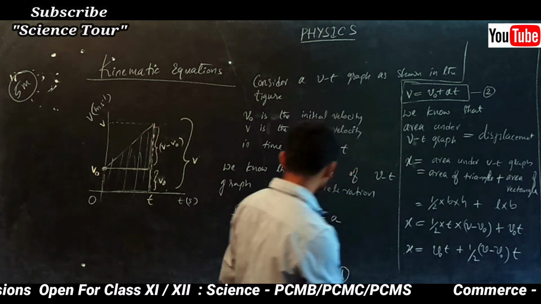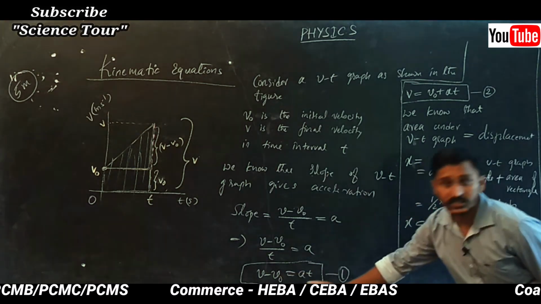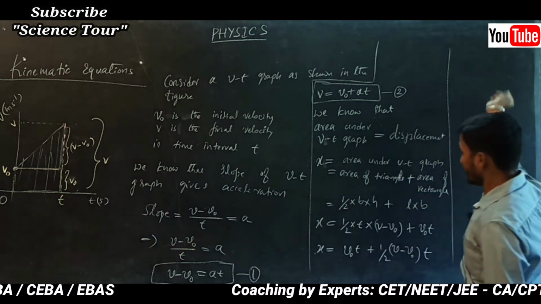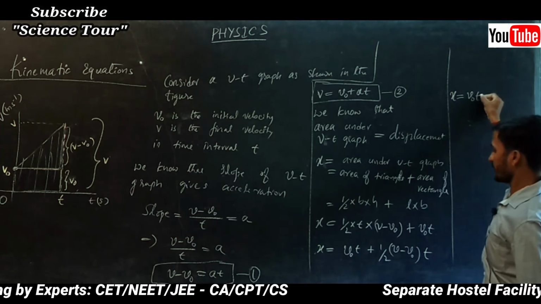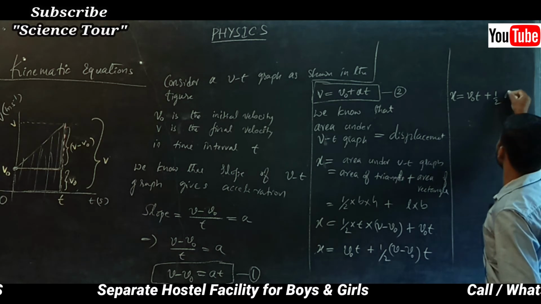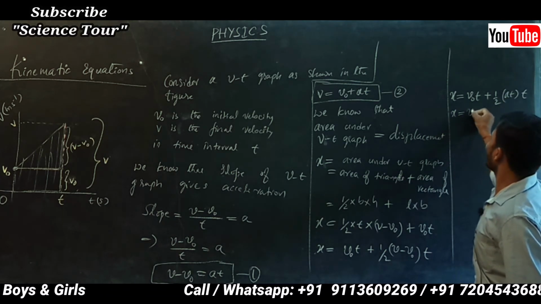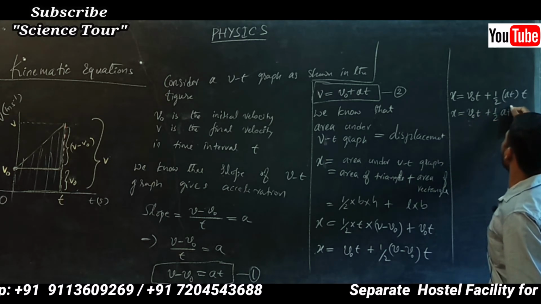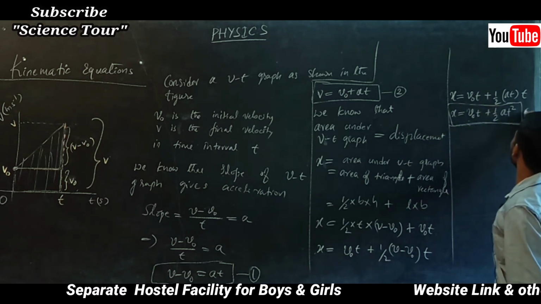Now substitute equation 1 in this equation such that V minus V naught is equal to at. If you substitute, x is equal to V naught into t plus half will remain same. V minus V naught is nothing but a into t. So that happens, x is equal to V naught into t plus half a t square. This is equation 2.